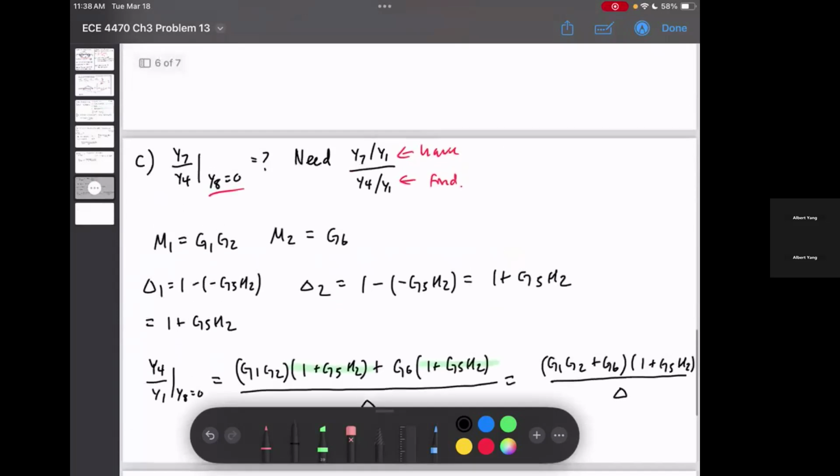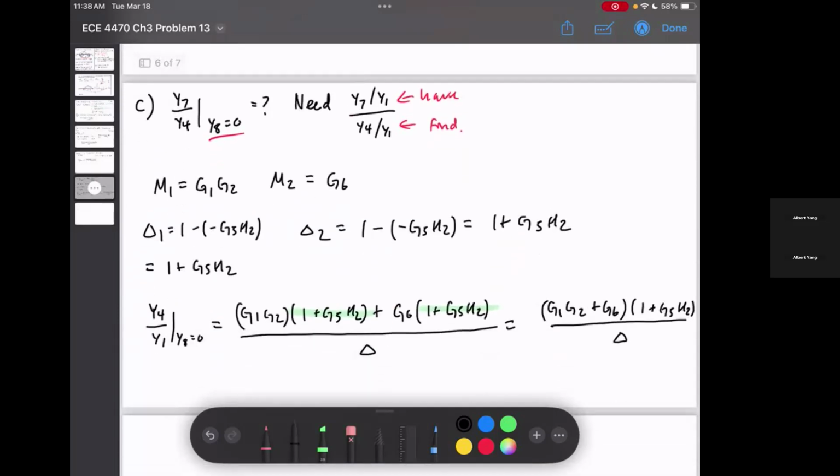But they want us to find y7 over y4. So we need y7 over y1 divided by what we just found here.